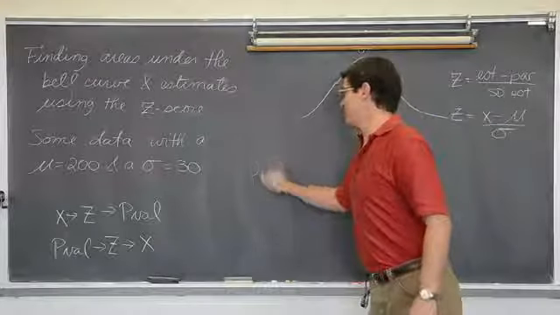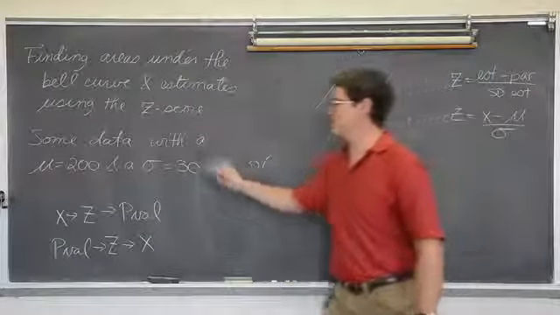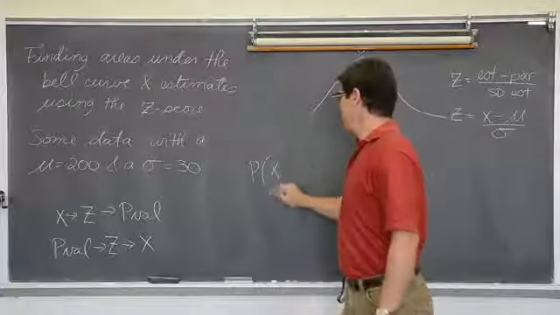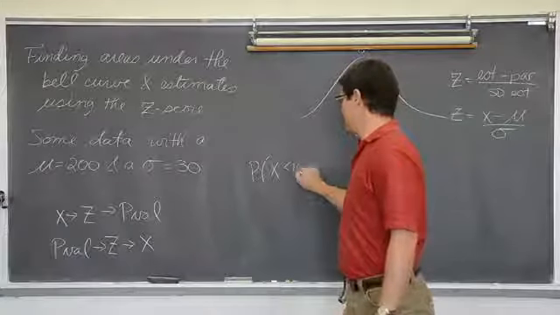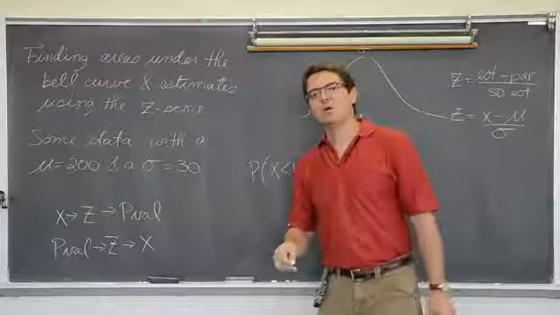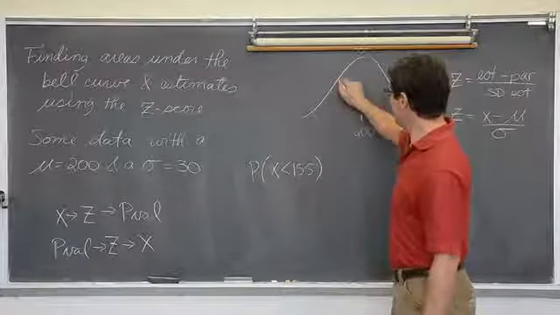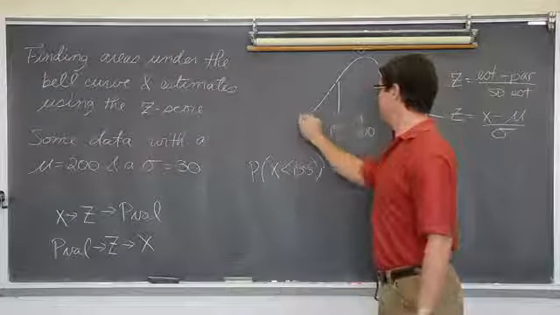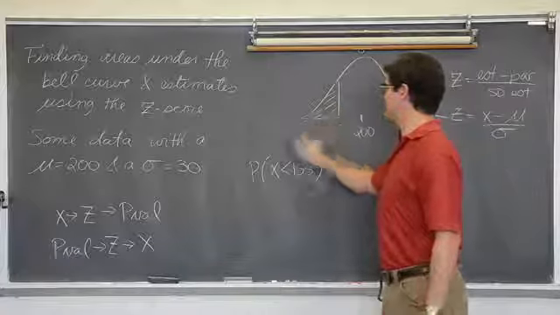What is the probability, in this distribution with a mean of 200 and a standard deviation of 30, that x is less than 155? Well, I have 155 here, and I want to find the area to the left of that value.